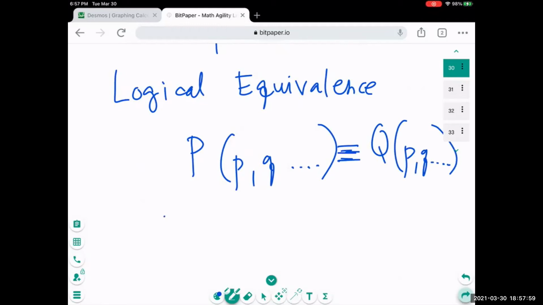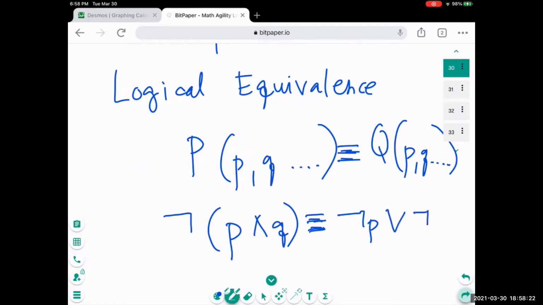Pag kinuha daw natin yung negation ng parenthesis of P conjunction of Q, this is actually equivalent to negation of P, but babaliktad yung conjunction, magiging disjunction of negation of Q. Okay, may tawag dyan, yung Morgan's Law, pero I'm not sure kung madidiscuss natin further yung Morgan's Law.